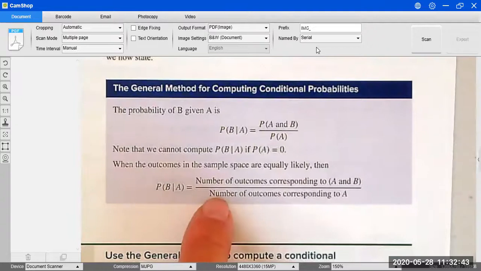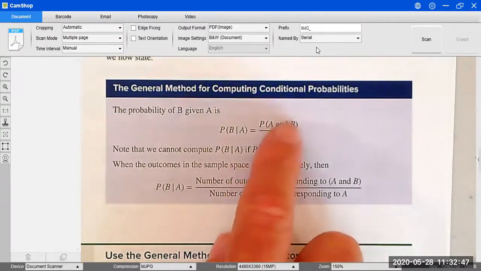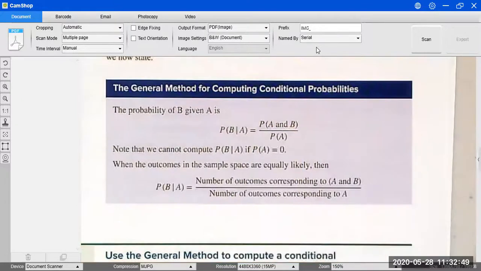See, if the probability of an event is 0, then this division is undefined.